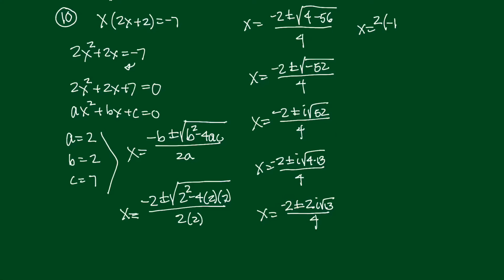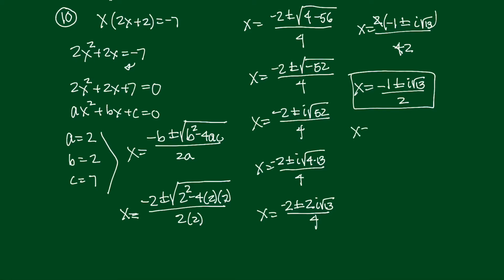Okay, and then plus or minus, I took the 2 out, so what's left is i square root of 13, all over 4. And then that 2 will go into that 4 twice. So how about x equals negative 1 plus or minus i square root of 13 all over 2.